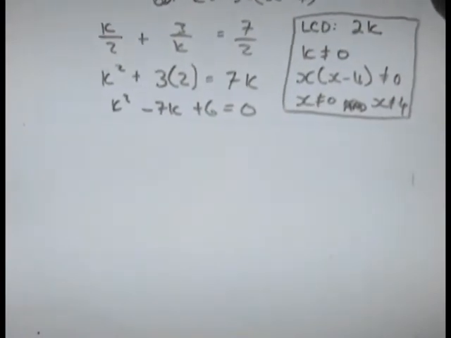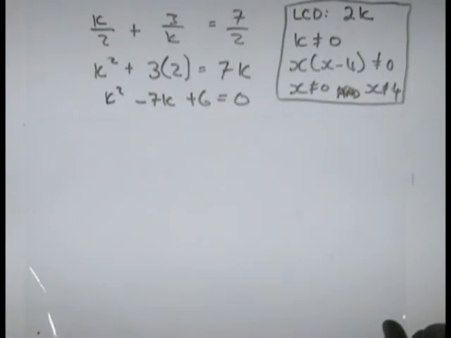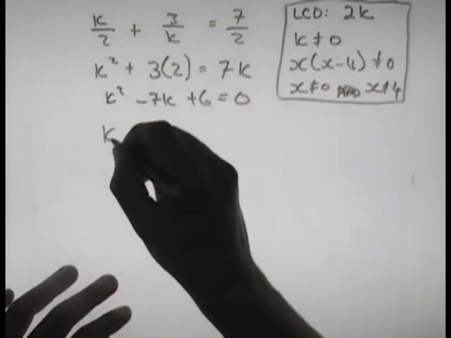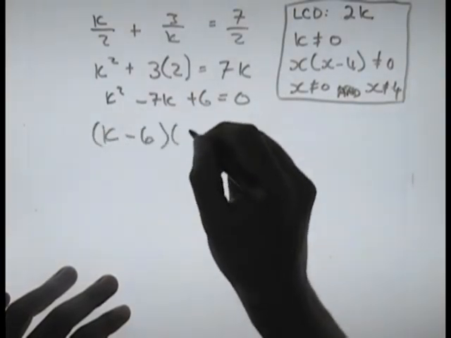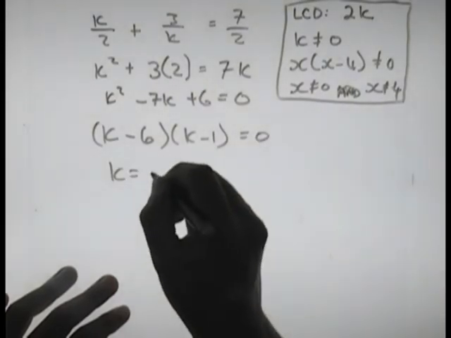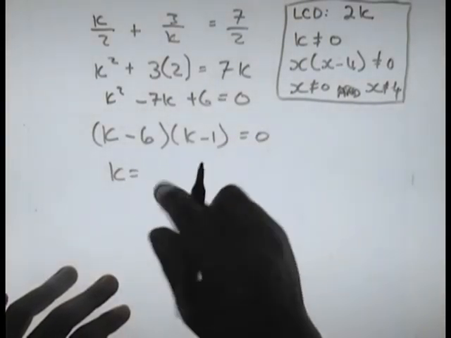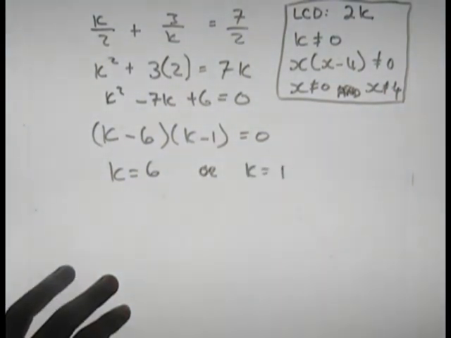And that can be factorized. This can become (k minus 6) multiplied by (k minus 1) is equal to 0. That means that k is equal to 6, or k is equal to 1.